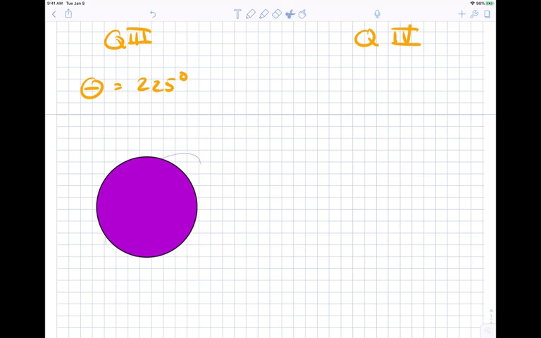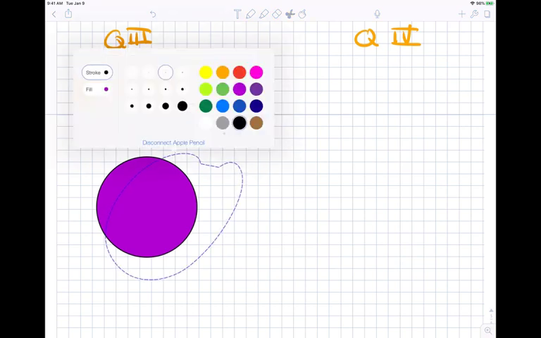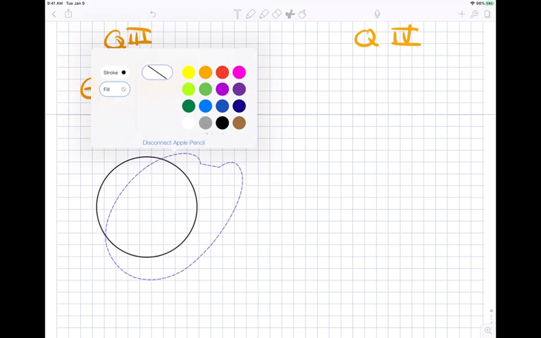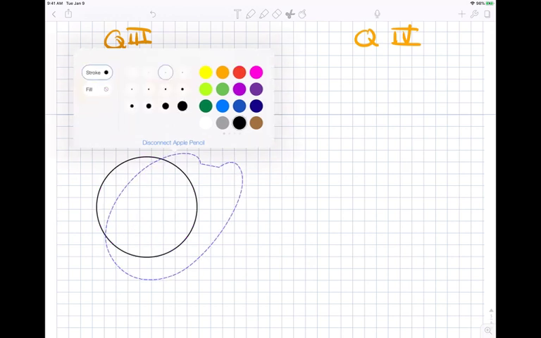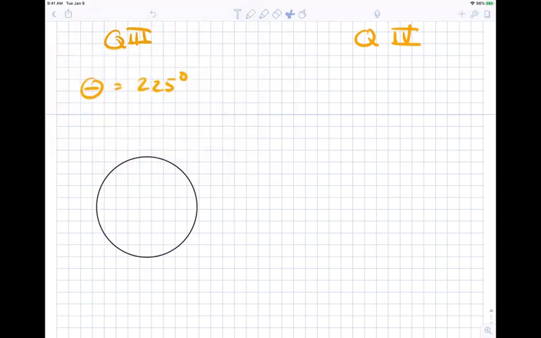Go ahead. Okay. Remember when the answer was in quadrant 4, and I did 360 minus 45? So that's 270 plus 45. You want to do it in terms of the x-axis, right? The reference angle is in reference to the x-axis, not the y-axis.